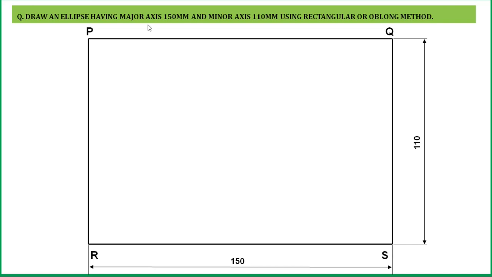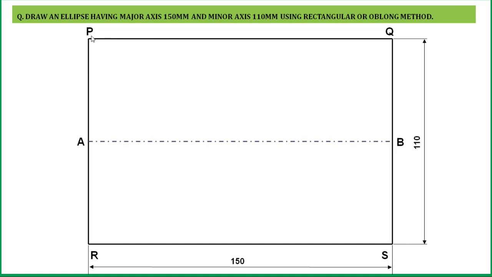As the major axis and the minor axis are given, we need to draw them into this rectangle. We'll take the midpoints of the PR and QS lines and draw a center line to connect these two midpoints, which shows the major axis of an ellipse, and it is represented by the letters AB.